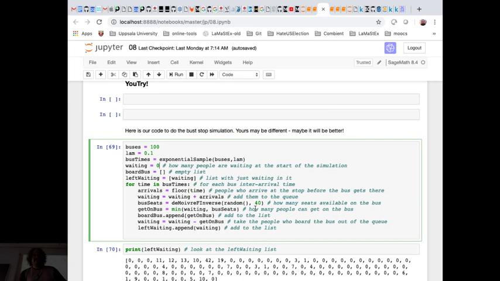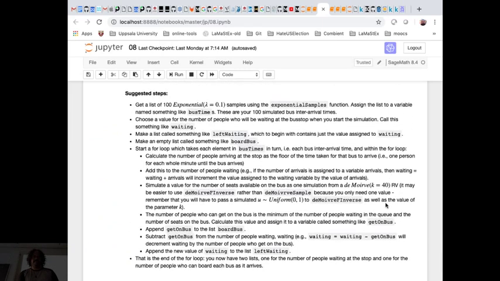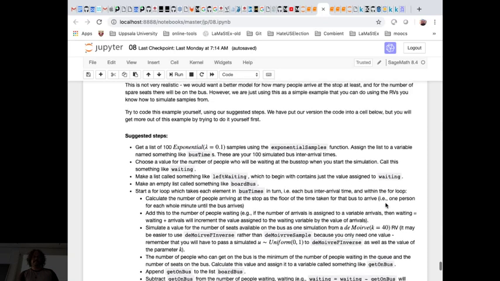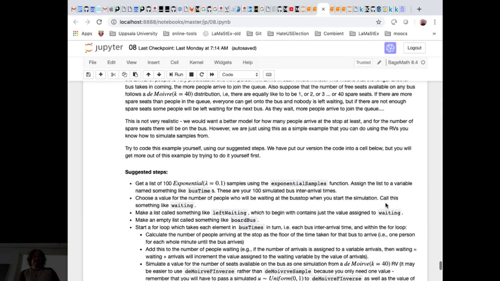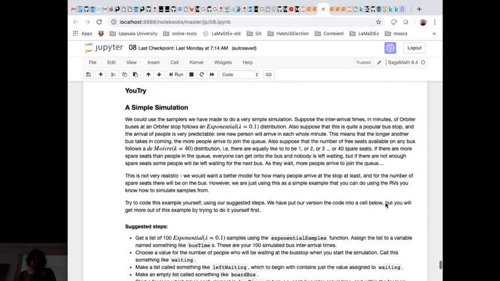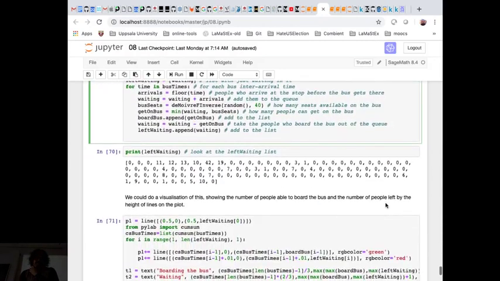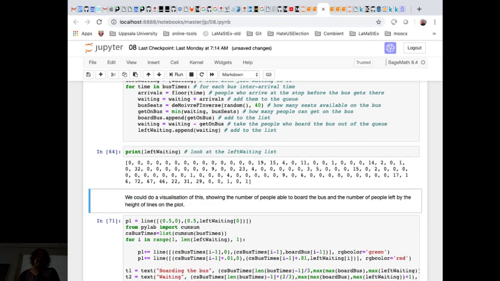So you try to do this, and then the assignment will be some jazz on this. So anyway, this is basically the number of people left waiting because the bus has some capacity and whatever.